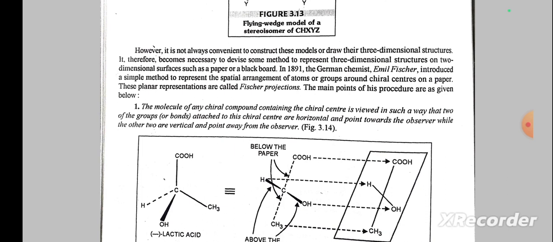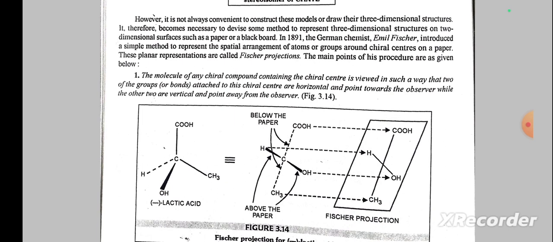In 1891, the German chemist Emil Fischer introduced a simple method to represent the spatial arrangement of atoms or groups around the stereocenter on paper. This planar representation is called Fischer projection. The main points of this procedure are as given below.